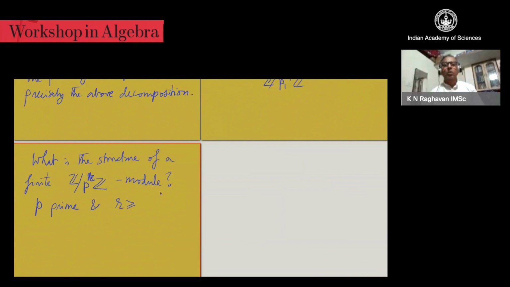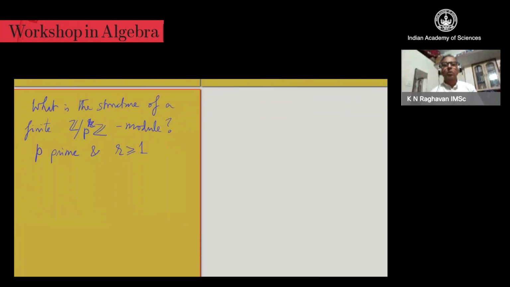If R equals 0, then of course it is a zero ring, so that's not interesting. So this is the question that we are reduced to. Okay, and what is the answer here? Right. So the answer here is the following. Let me tell you the theorem, which will give us the answer here.